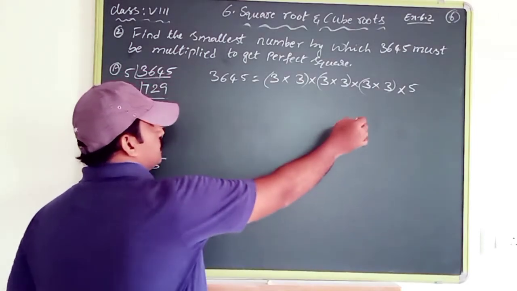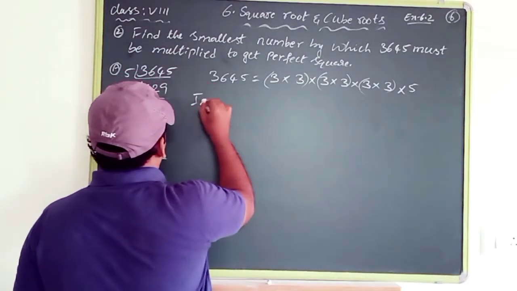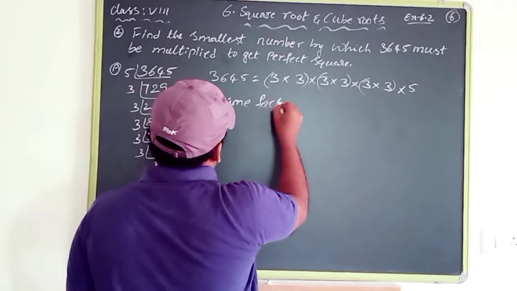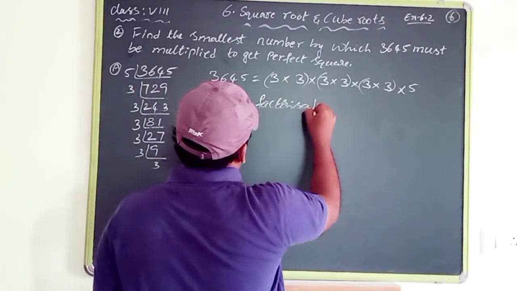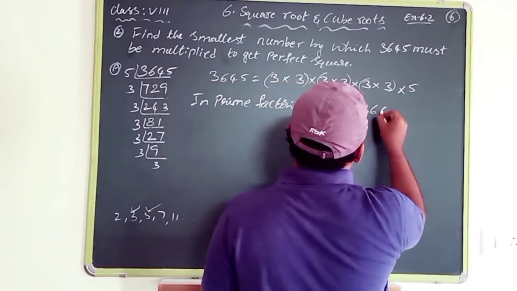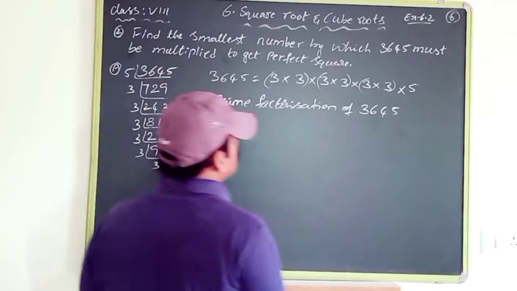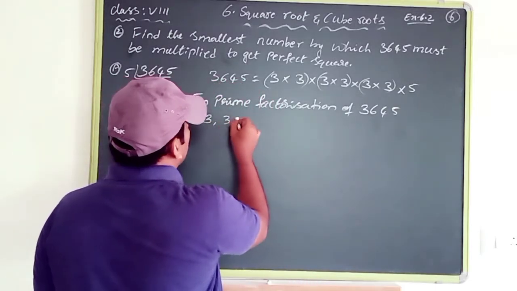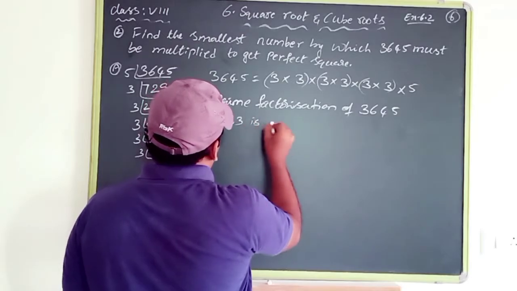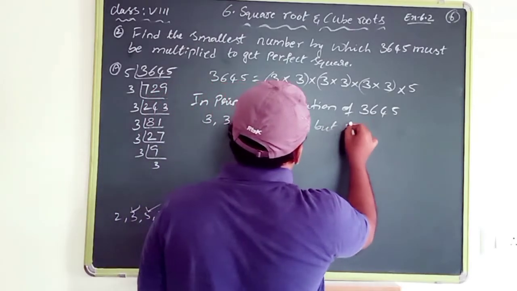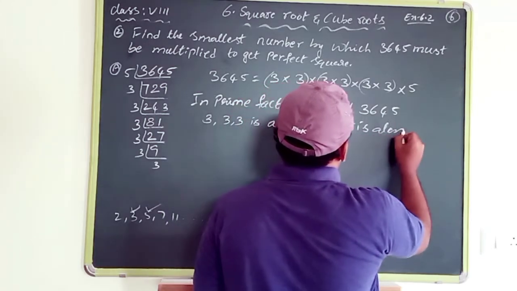So in the prime factorization of 3645, the 3s form pairs, but 5 is alone.